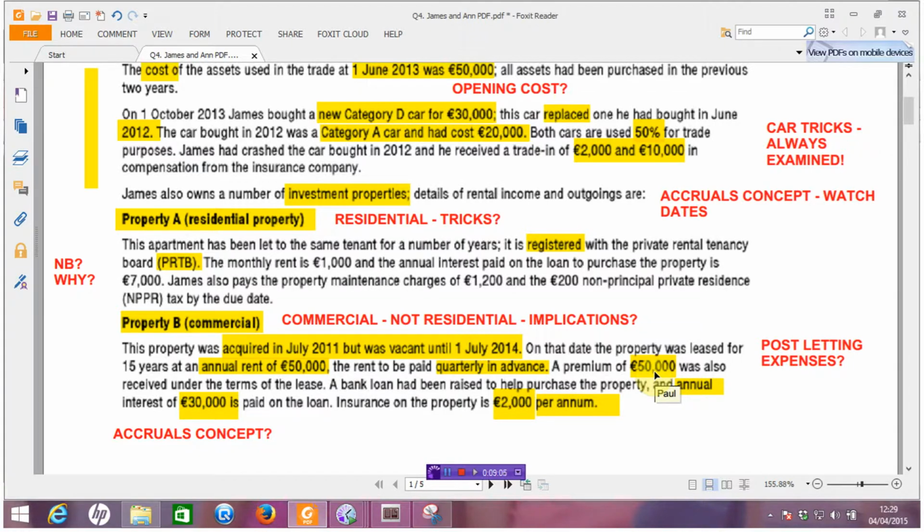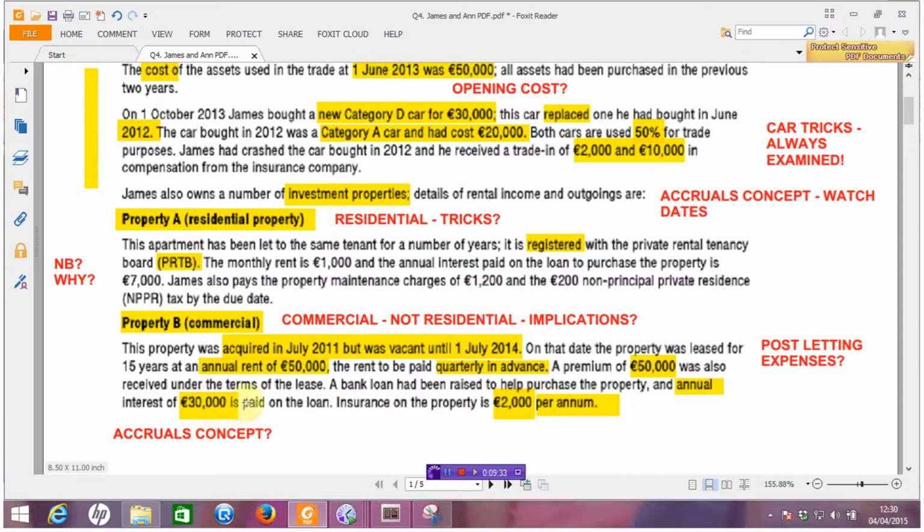And the tax issue for us is that where a landlord receives a premium, then as far as the Revenue are concerned, some element of that premium is taxable for income tax purposes, in effect on receipt. Okay, so what we have to do is say, okay, the premium is 50. What element of that do we include in the income tax computation? And there is a formula for calculating that element. In addition to that, we see that the annual interest is 30.